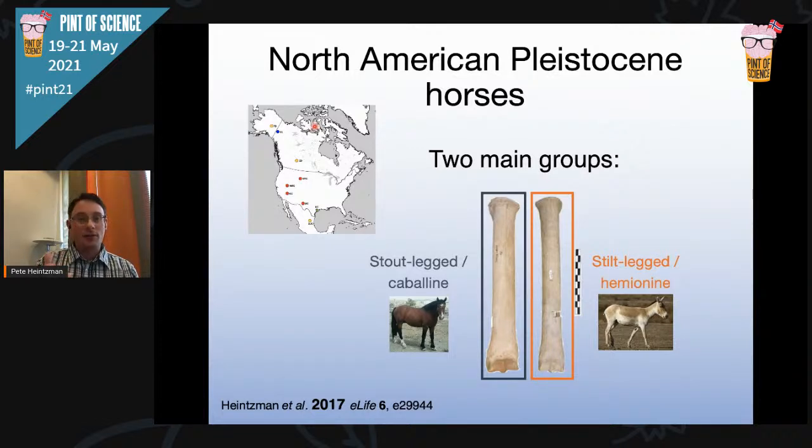The way we tell the difference, as the name suggests, is the stout-legged horses have much broader foot bones, these limb bones, whereas the stilt-legged horses have much thinner, more gracile limb bones. So these are very easy to tell apart in the fossil record from the leg bones, although not necessarily from other parts of the skeleton.